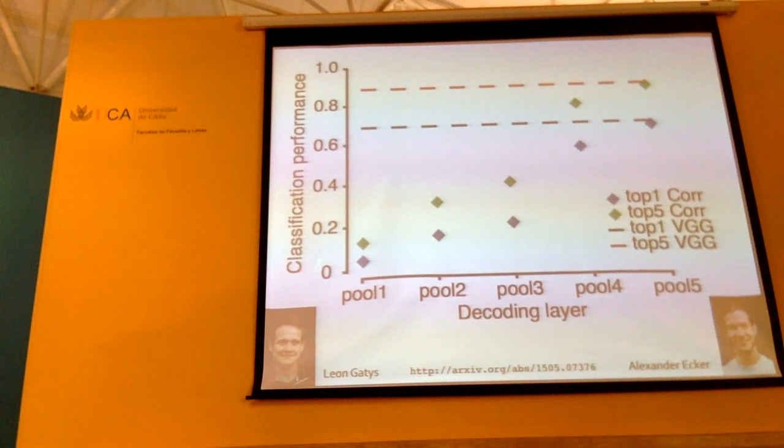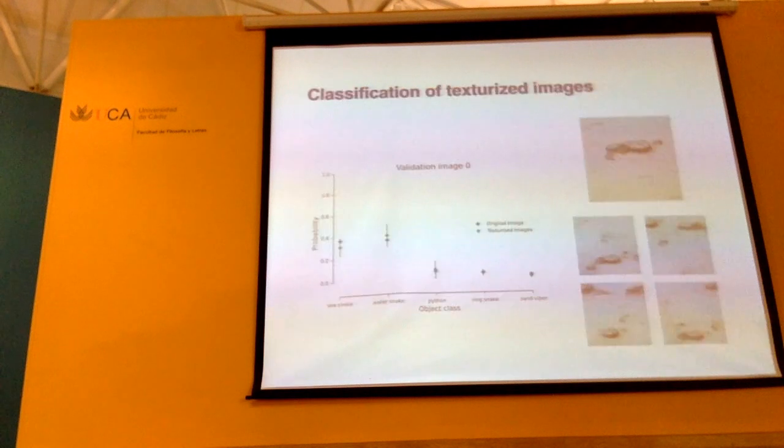So if you use these texture features in the different layers as a feature space for the object recognition task, where you only do linear classification afterwards, then the performance increases, and it can explain basically what the deep neural network does. But it's in some sense somewhat cleaner.